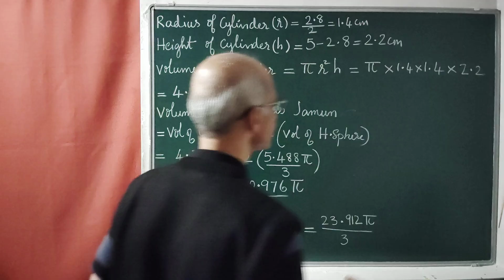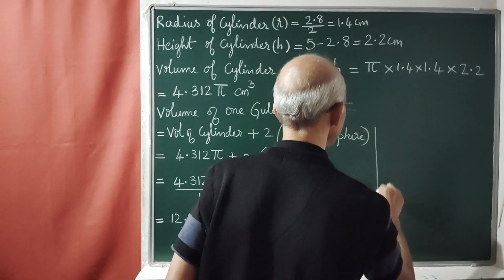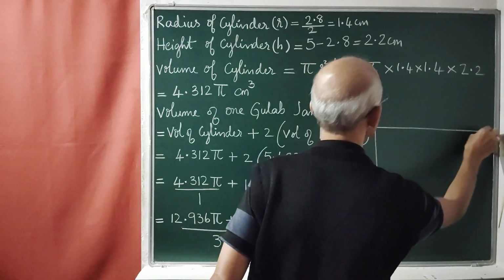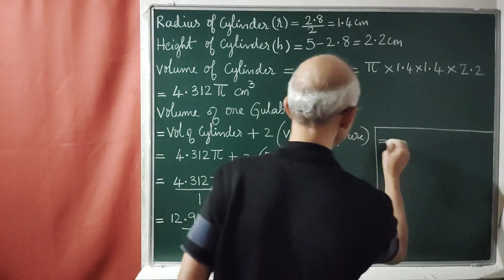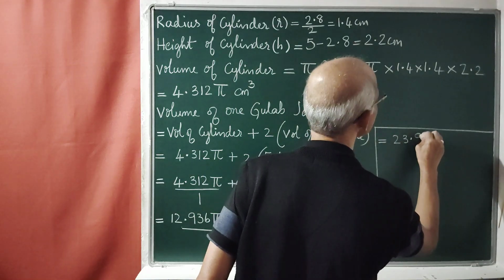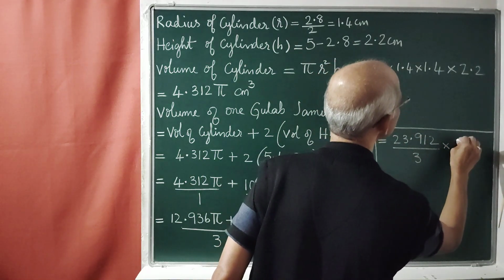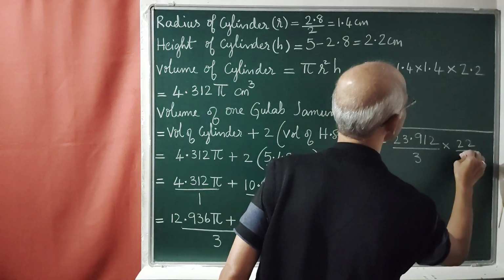Now we'll put the value of pi. That's equal to 23.912 by 3 into 22 by 7.